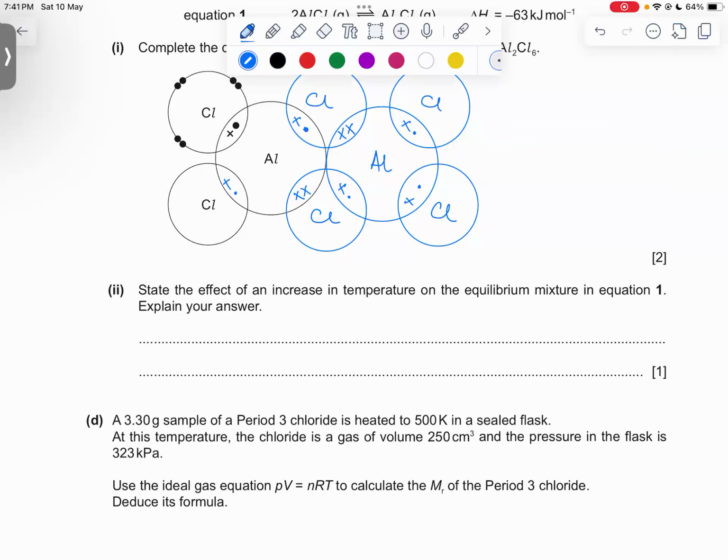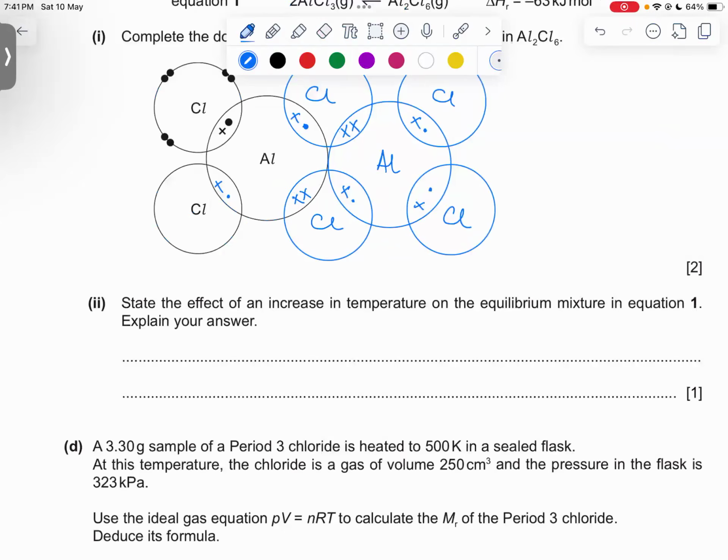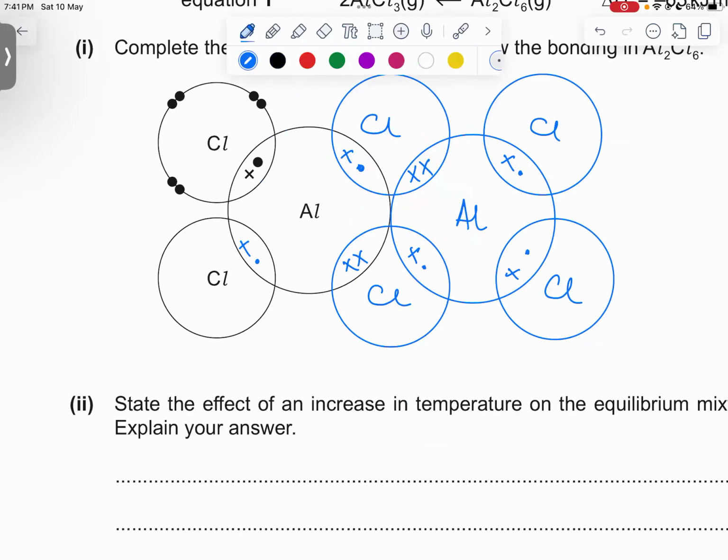Now, to fulfill the outer shell electrons, because chlorines have been shown with a dot, so these are the crosses. One second. Because the cross is for aluminum, the dot is for chlorine over here. So we have to show dots for chlorines.